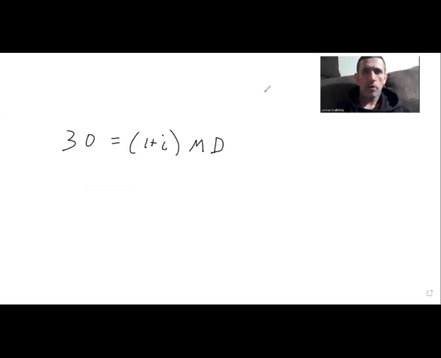That's what the Macaulay duration is. Okay, and just plug and chug 1 plus I times the formula we just got for the modified duration of an annuity in perpetuity with payments at the beginning of each year.